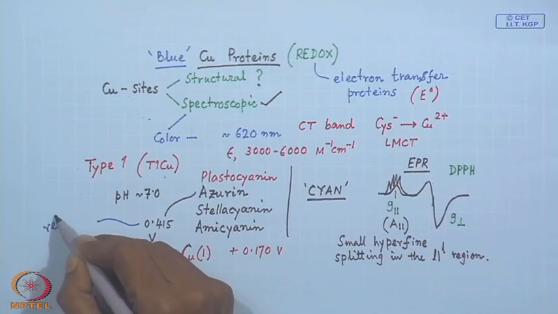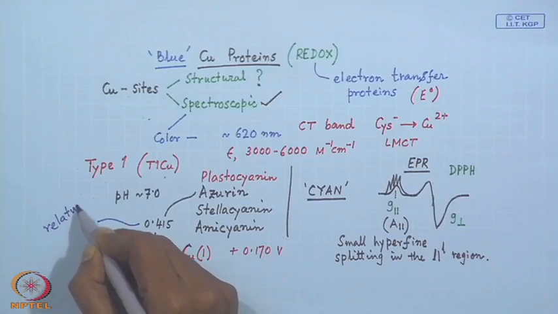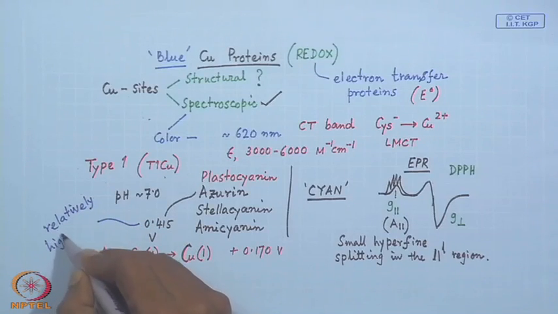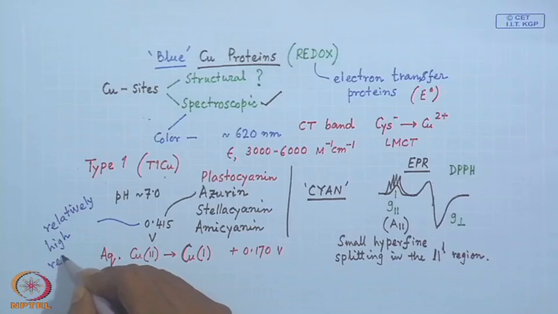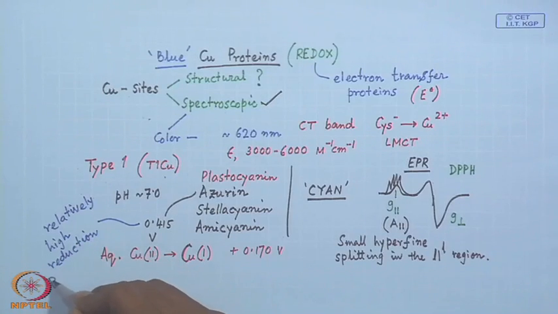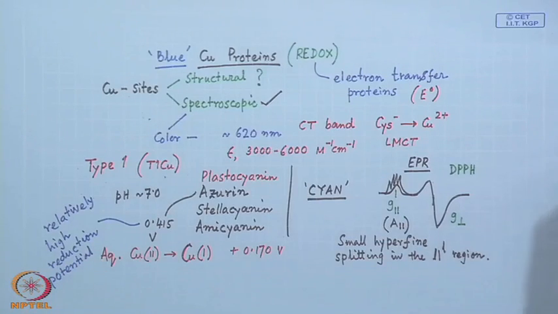So, this particular one means you have something where we need some extra potential value to reduce this copper 2 to copper 1 center.